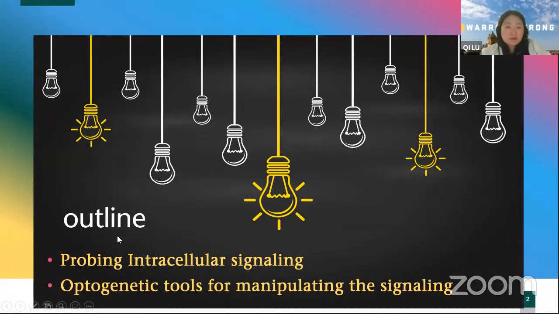Firstly, the outline. We're talking about how to probe intracellular signals, and on this part, we're going to review literature and talk about other optogenetic tools for manipulating the signals.